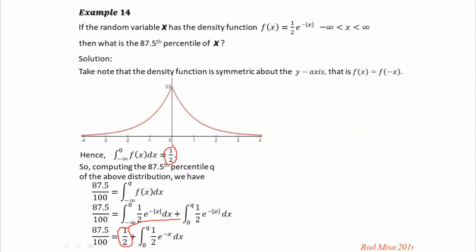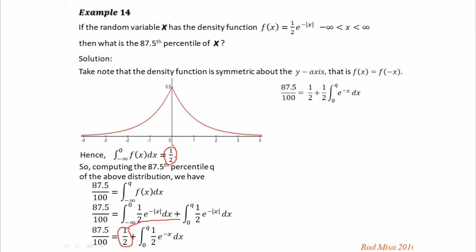So we remove the absolute value, so that this is only negative x. So 87.5 over 100 is equal to 1/2 plus 1/2, which we factor out from the integrand, times the integral of e to the power negative x dx from 0 to q.